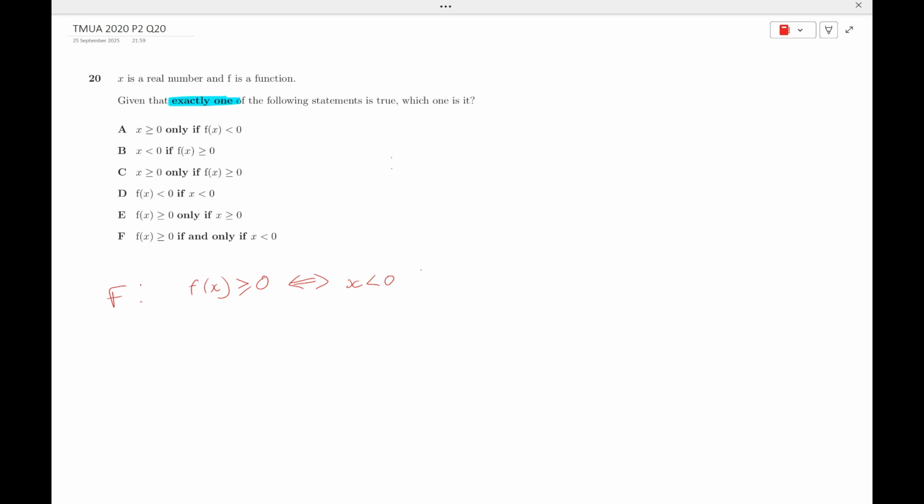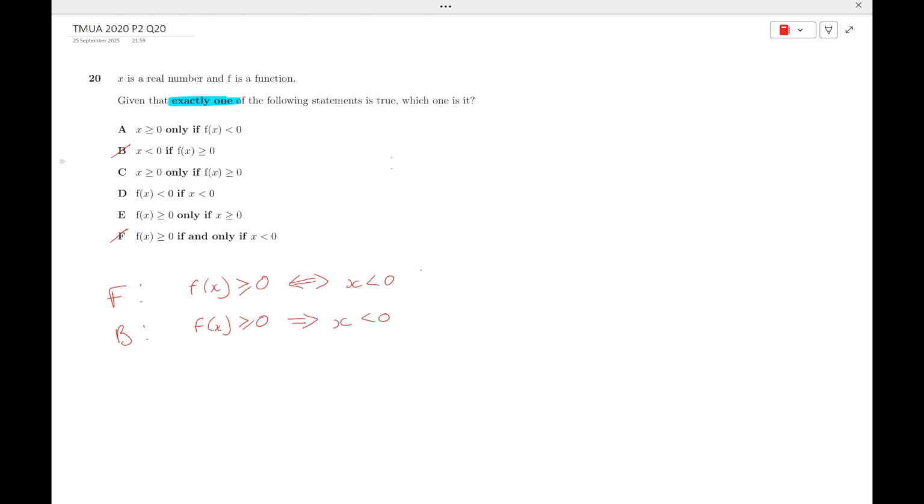And you can see that statement B is part of that, because statement B is saying that if f of x is greater than or equal to 0, that implies x is less than 0. So therefore, if F is true, then B is also true, which means neither of them can be true. So we can write off those two straight away.